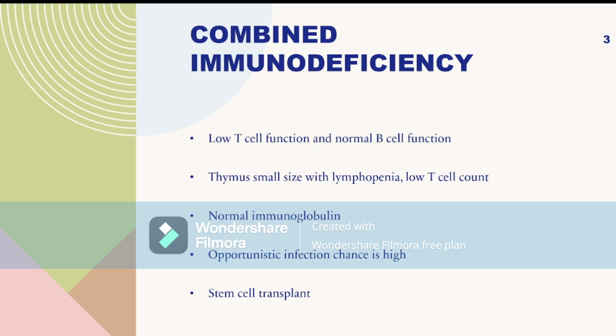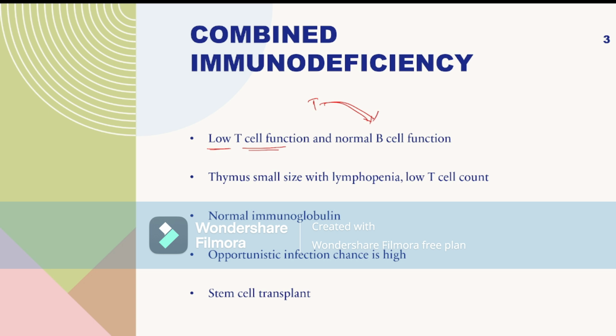Now come to the second type, that is combined immunodeficiency. This is also one type of SCID, but in this there is not complete absence of T cell function; there is decreased or low T cell function. And as I said, T cell is required for proper function of the B cell.